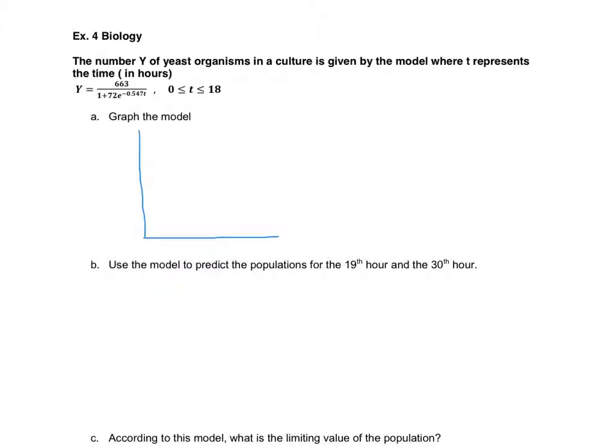Now, it's telling me the x-axis, which is time, in hours. So be sure you label 0 to 18. See, it's nice because here they're actually giving me what they want me to set my x-axis at. So do it. Make sure you label and you also number your axis. So when you're showing me a picture of the graph, it's an accurate model in the context of the problem.